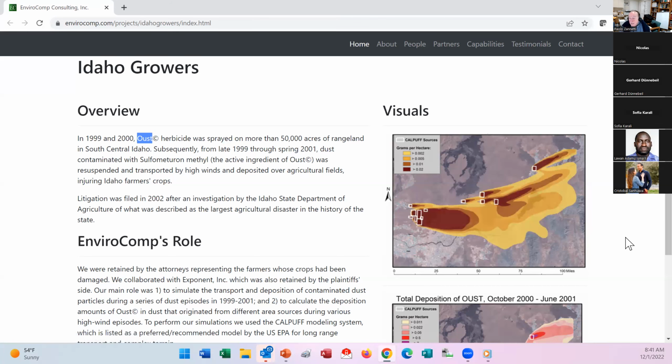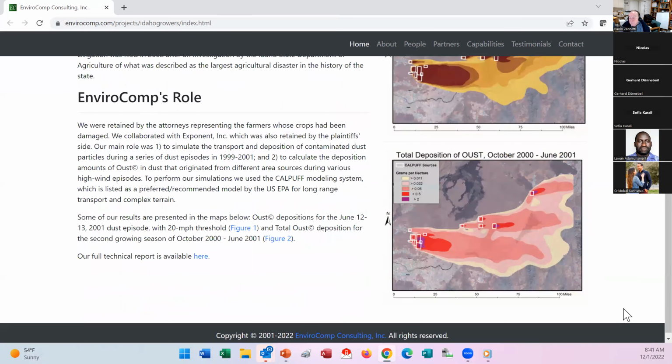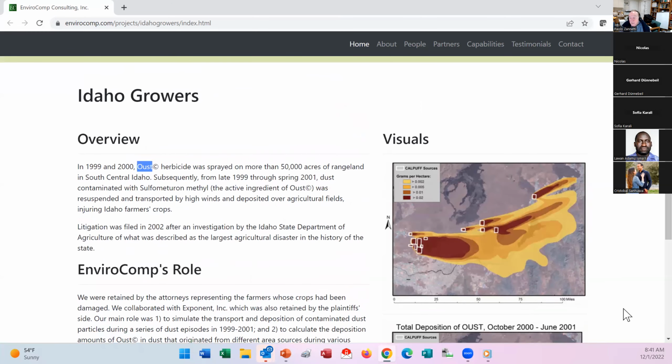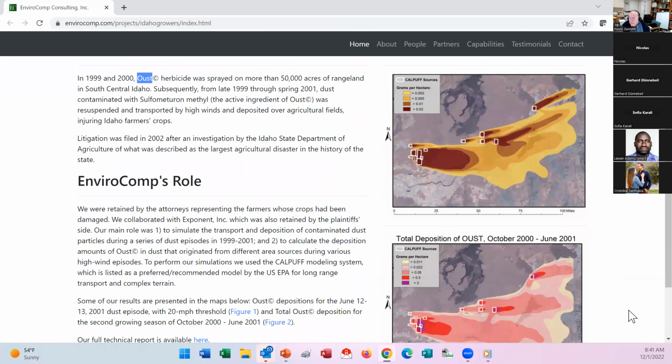And these are my results, for 2 different years. And in both years, we were able to show that, yes, there was clearly a high probability of transport and deposition of contaminated dust, even 100 miles away.